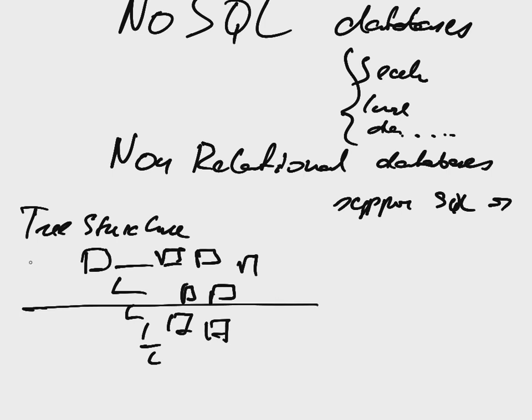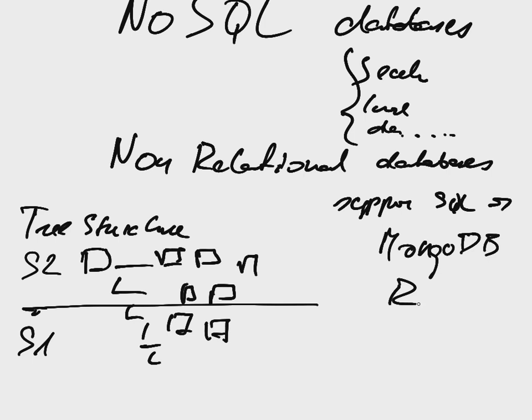For very large systems, some part may be on server 1, some part on server 2, and everything works pretty nicely, so you can load balance between these servers, etc. Typical non-relational databases are MongoDB, Redis. What else? For Google there is Firebase.